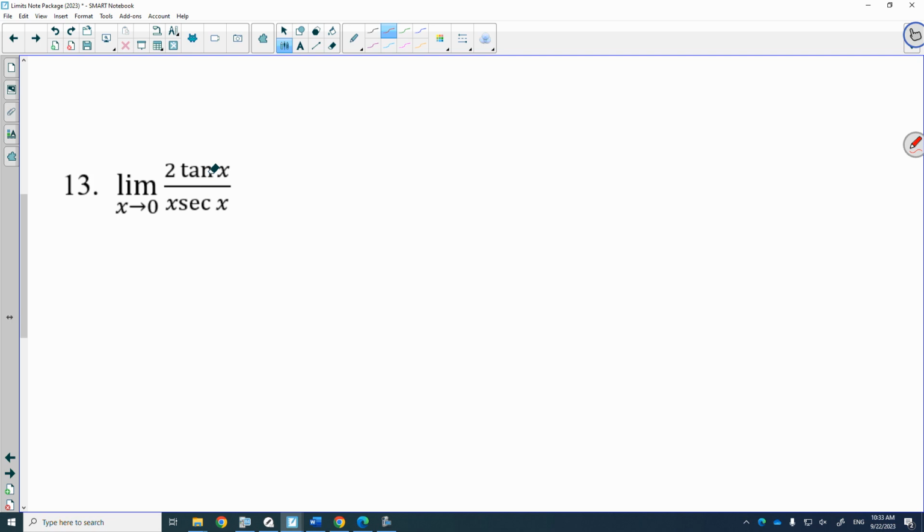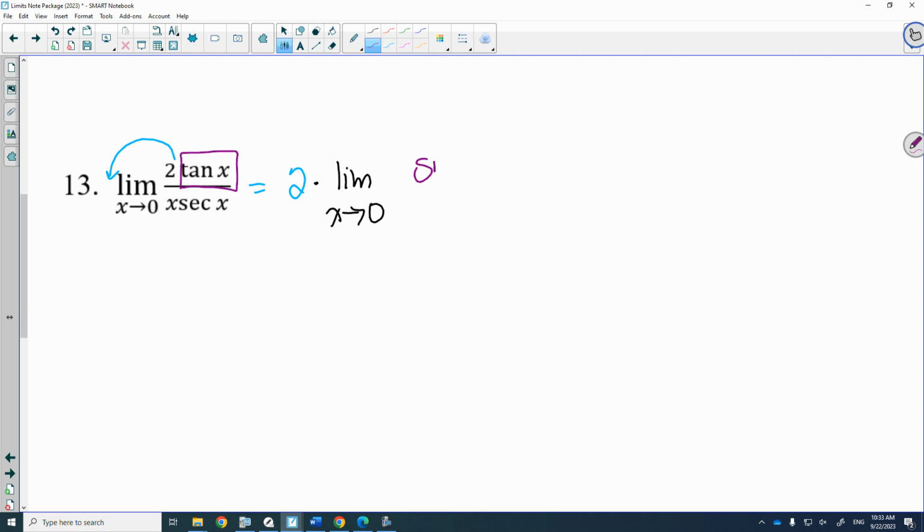So tan, actually, let's get rid of this 2 to start with. Might as well do that. So pull out your constant. Limit of a constant is the constant. And we know the identity for tan, right?